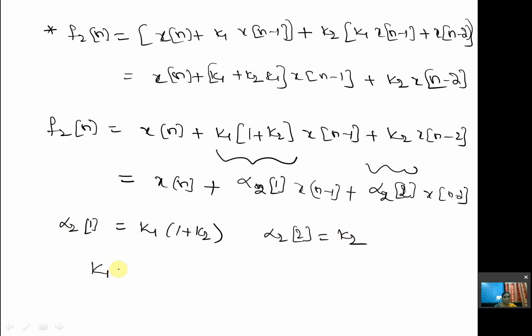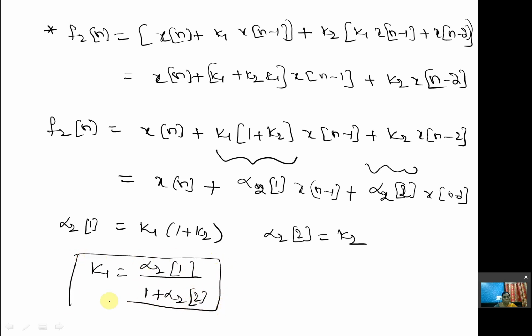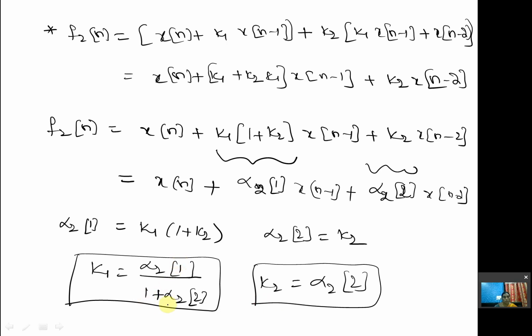Now what is the K1 here? Alpha 2 of 1 divided by 1 plus K2, which means alpha 2 of 2. In this way we just find out the reflection coefficients. Okay, right? The first one depends on alpha 2 of 1 by 1 plus alpha 2 of 2. K2 is alpha 2 of 2. If order increases, you just find values like this.